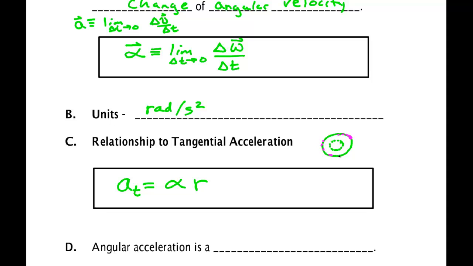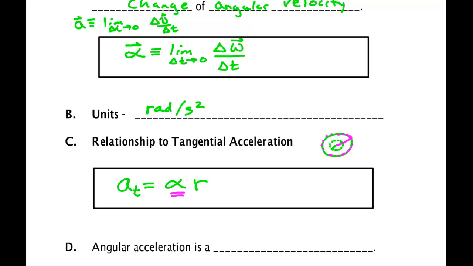They will share the same alpha, but they'll have different tangential accelerations because the cat has this radius, that's his R, and the bug has a much smaller r. So they don't have the same a's, they don't have the same v's, they don't cover the same arc length, but they have the same angular variables, alpha, omega, and theta. That's why we want to describe everything on the disk with those, because they describe the disk completely. Well, you need a lot of these.